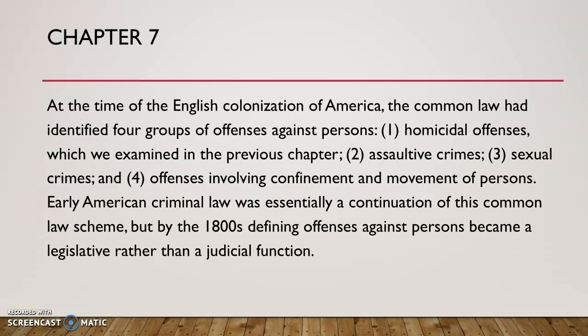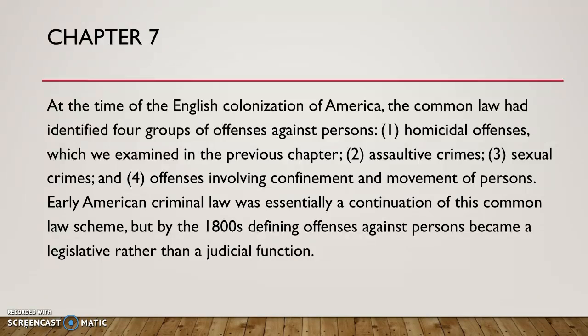Chapter 7. At the time of English colonization of America, the common law had identified 4 groups of offenses against persons. Number 1, homicidal offenses, which we examined in the previous chapter. Number 2, assaultive crimes. Number 3, sexual crimes.